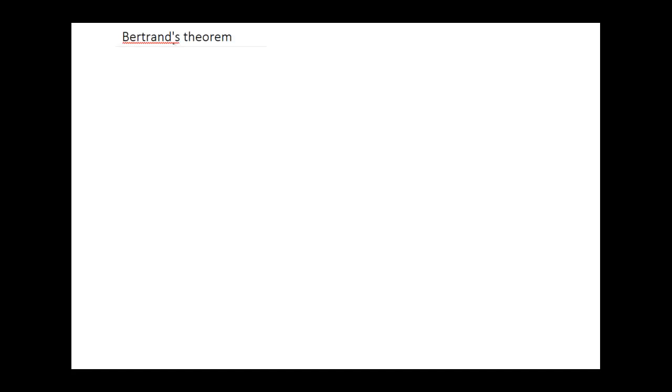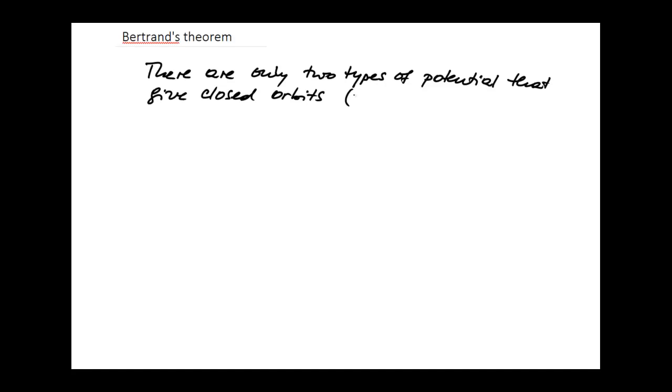a closed orbit, in the sense that when you go around the center of the potential, you go around once, you come back to the original point. And that is guaranteed if the delta phi is a multiple of pi, not of 2 pi, but of pi. I'll show you that in a minute.